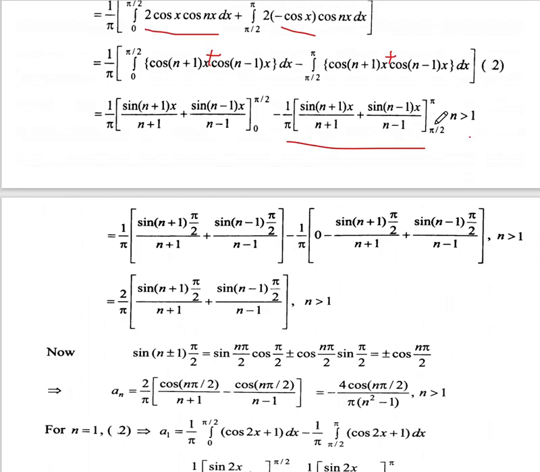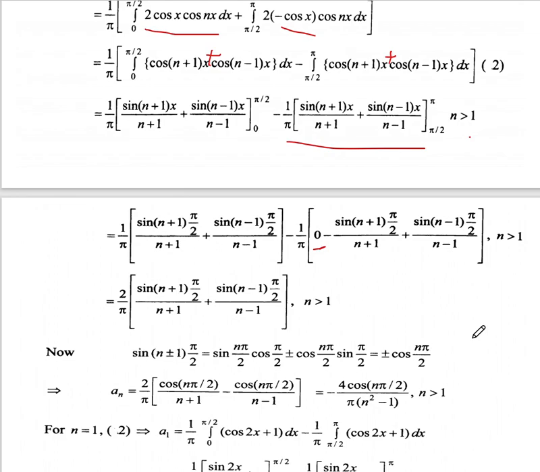Here sin n pi means 0, so the first two terms become 0, and the remaining term is sin n plus 1 pi by 2 divided by n plus 1 plus sin n minus 1 pi by 2 divided by n minus 1.